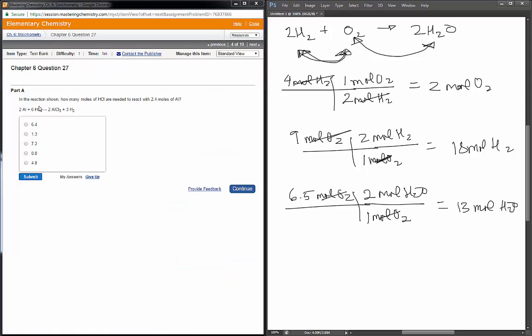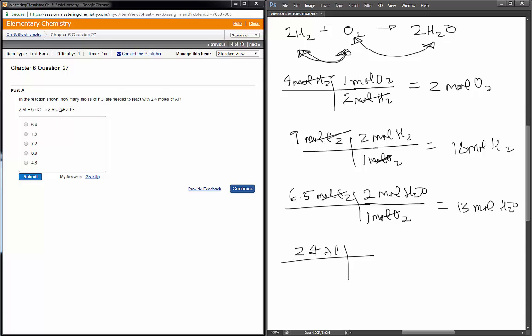In the reaction shown, how many moles of HCl are needed to react with 2.4 moles of Al? So we start with 2.4 moles of Al, which is given, and the reaction says 2Al plus 6 HCl goes to form 2AlCl3 plus 3H2. But they only want to know how much HCl given a certain amount of Al.